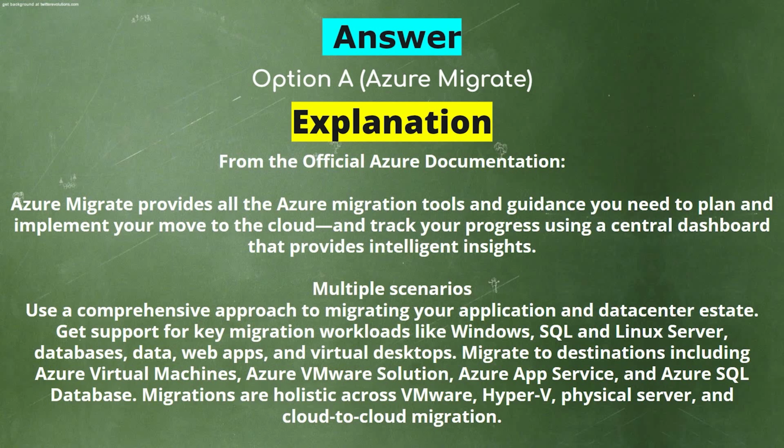Get support for key migration workloads like Windows, SQL and Linux Server, databases, data, web apps, and virtual desktops. Migrate to destinations including Azure Virtual Machines, Azure VMware Solution, Azure App Service, and Azure SQL Database. Migrations are holistic across VMware, Hyper-V, physical server, and cloud-to-cloud migration.